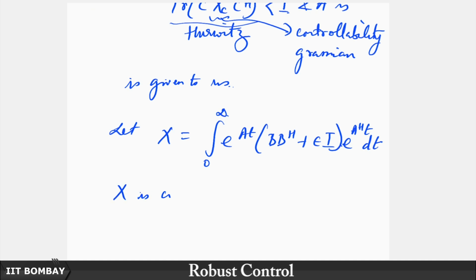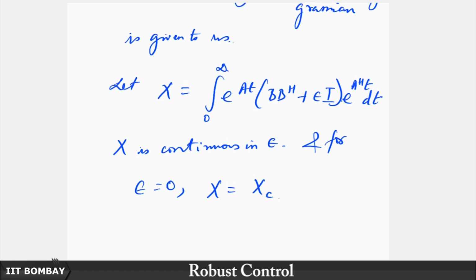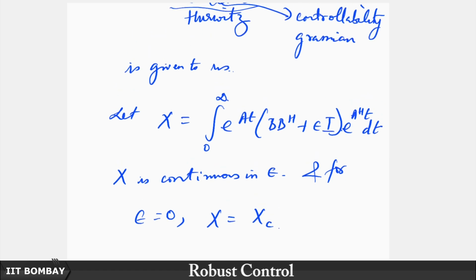X is continuous in epsilon, and for epsilon equal to 0, X is equal to Xc. Of course, if epsilon is equal to 0, then X devolves to the controllability Gramian itself.